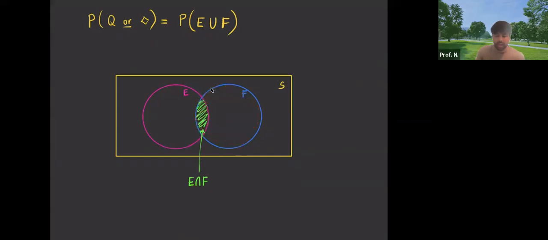So when I add the probability of E to the probability of F, I have to subtract the probability of the intersection. Why is that? Because if I just do these two things, I am overcounting whatever's inside twice. That's what would have happened if I just added these two probabilities.